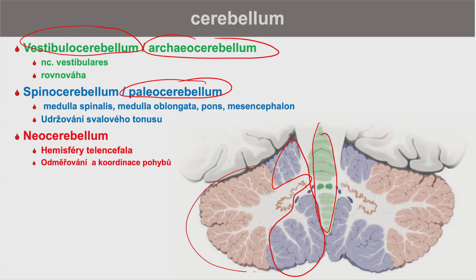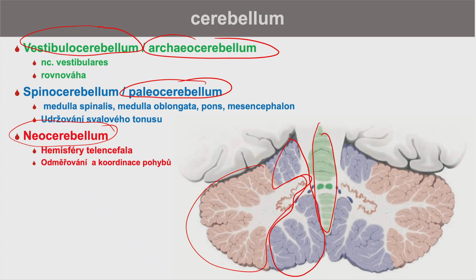And the last one, this pinky, is the neocerebellum or also corticocerebellum. Those are the hemispheres, and it is very important because it is the coordination and measurement of emotions. In every step of emotion, every microstep, this part of the cerebellum is controlling what has been done and what was planned, and if the action is in relation to the plan, and then is changing other things.